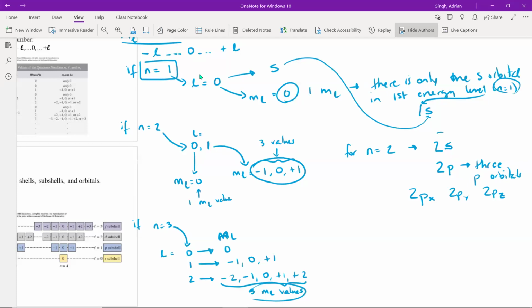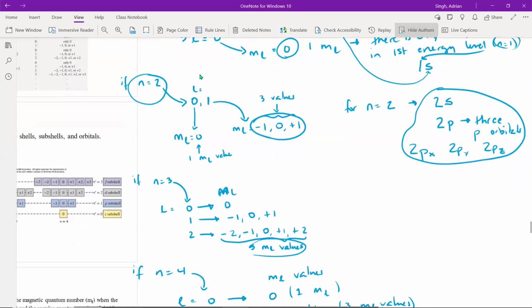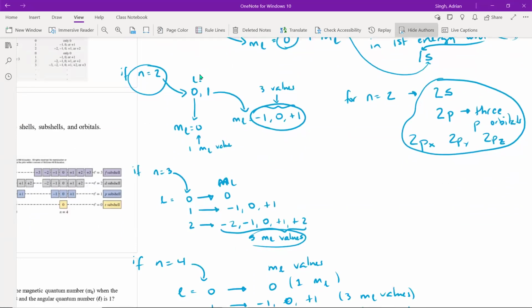So the 2s and the 2p belong to the same shell, same energy level, which is the n equals 2 energy level. If we go to n equals 3, then again we're going to have L values of 0.